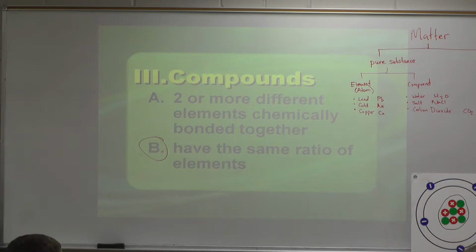You probably know, you just can't articulate it. That it always has the same amount of atoms. So H2O, or water, is always two hydrogens to one oxygen. Every time. Otherwise it'd be something different.